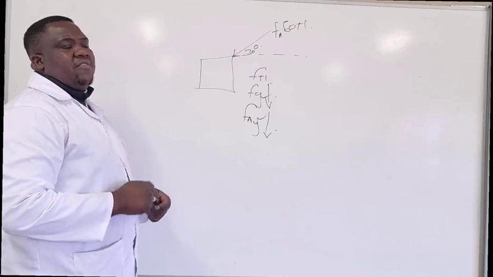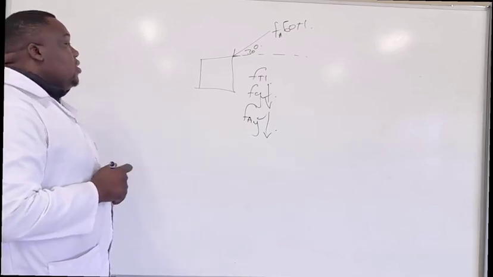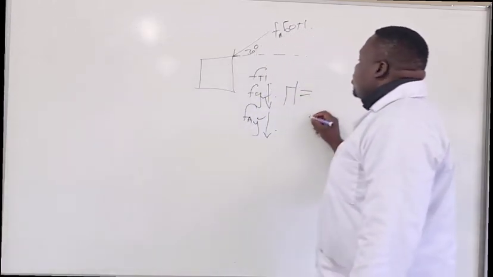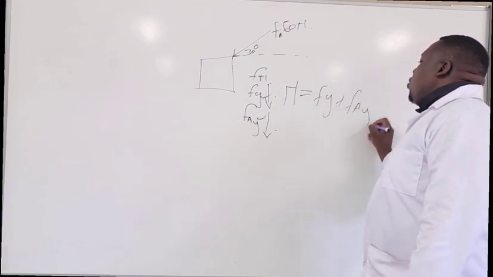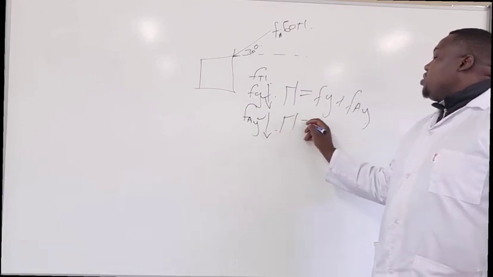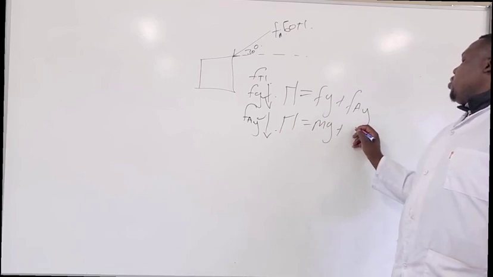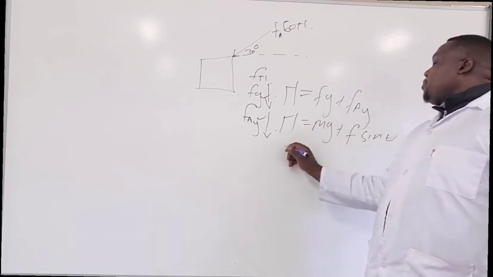It means that the vectors are going to add or sum each other. Understand? So the normal force for this one is going to be Fg plus Fy. So normal force is going to be gravitational force, which is mg, plus F sine theta.